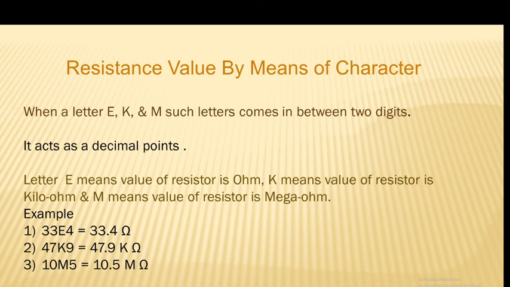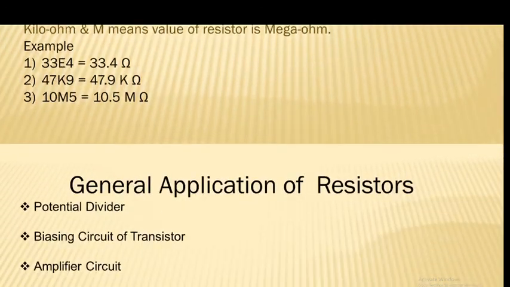Again here the alphabet K is replaced by the decimal point, and I convert this value into the resistance value, that is 47.9 kilo ohm. The third resistor example is 10M5. Here again I replace the M by the decimal point and it gives the value of the resistor 10.5 mega ohm.